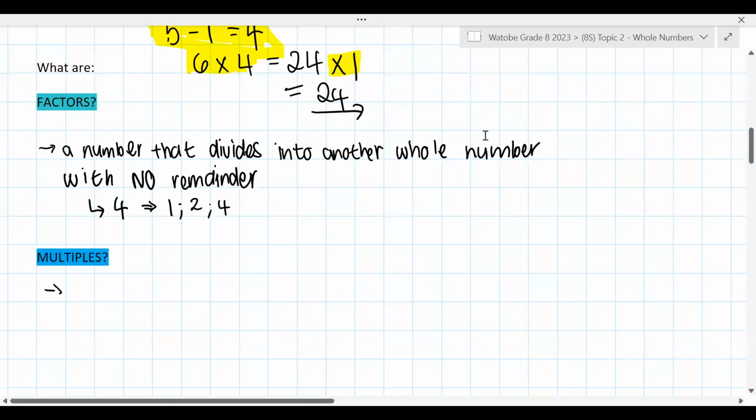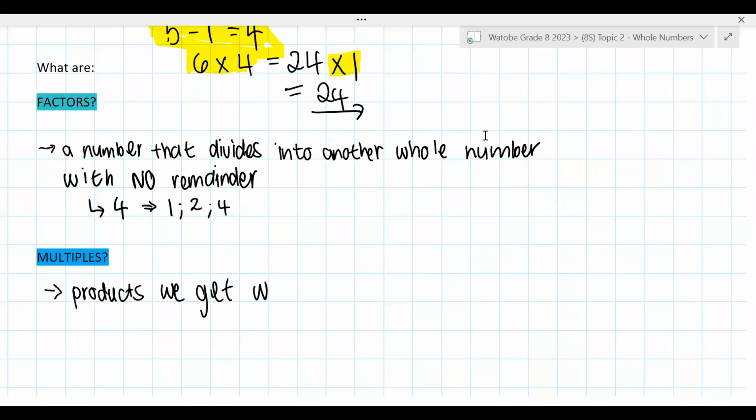So guys, multiples are products, or the product we get when multiplying numbers. I feel like Kakaleko said it much nicer than I'm writing down.